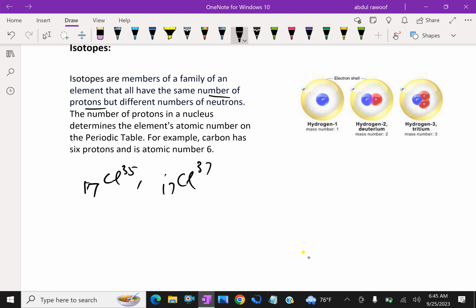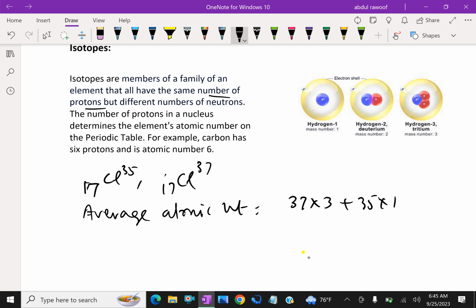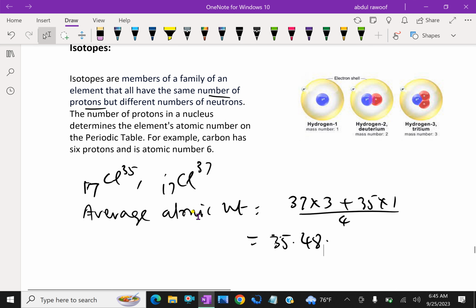Therefore, the average atomic weight is 37 × 3, as the abundance is 3, plus 35 × 1, as the abundance is 1, divided by 4, which gives 35.48. That means, due to the two isotopes of chlorine, the average atomic mass unit weight is equal to 35.48.